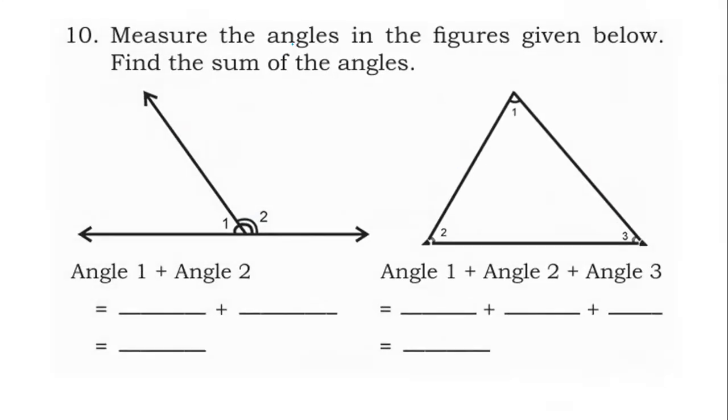And one, measure the angles in the figure given below. Find the sum of the angles. This is an acute angle, 85 degrees, or rather 75 degrees. This is smaller, just 75 degrees.